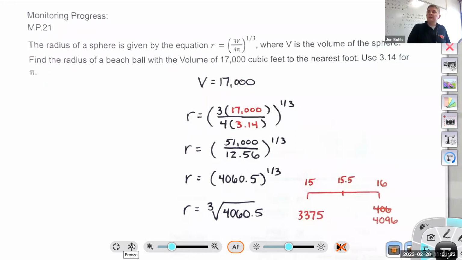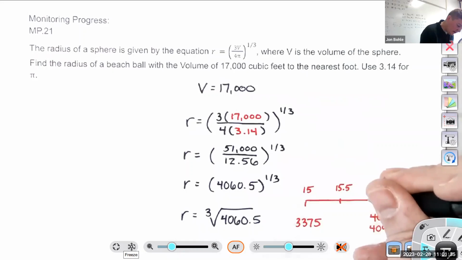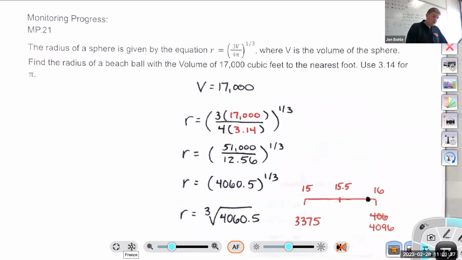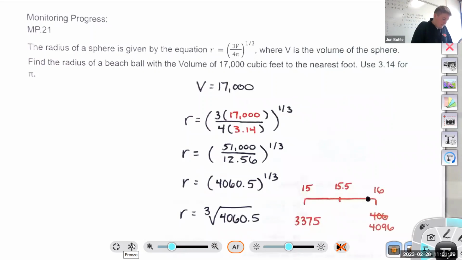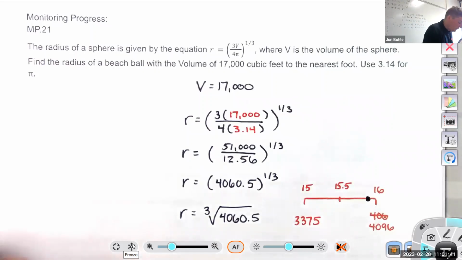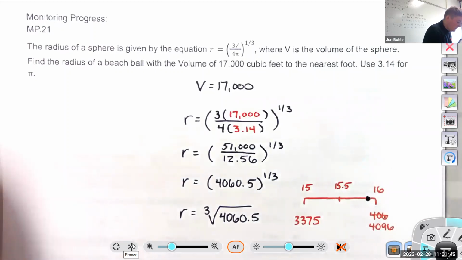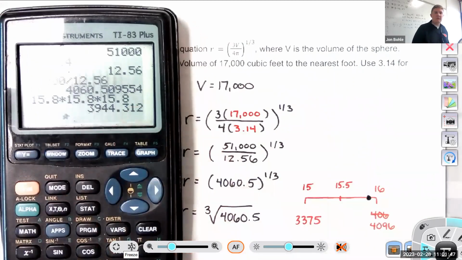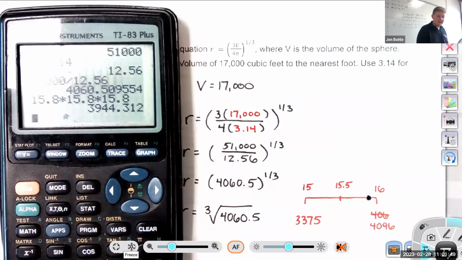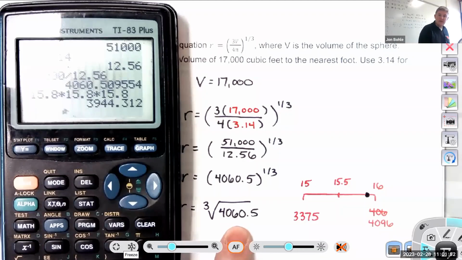On the number line, where is this 4060.5? On the right side of the halfway mark, probably pretty close to 16, right? It's estimated as maybe right here. So what would be a good estimation? 15.8, we can try that. 15.8 times 15.8. Does that get me quite here?